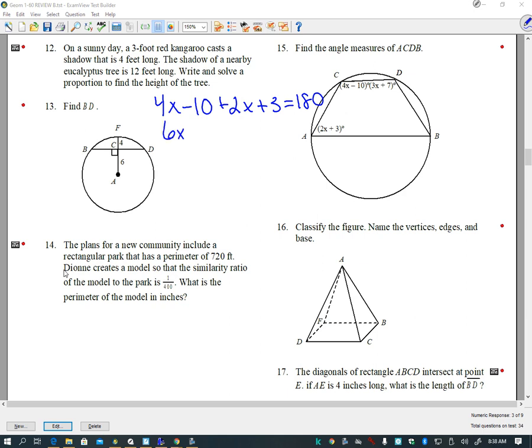Negative 10 and 3 is negative 7 equals 180. What's next? What would you do now, Jordan? Add 7 to 180. Okay, so 6x equals 187. Okay, so what do I do now? Divide by 6.